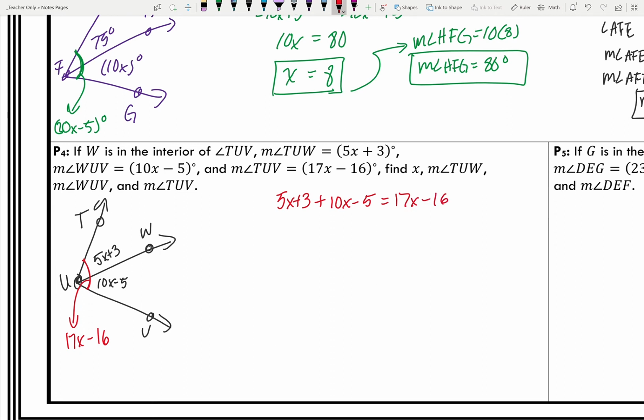Okay, so this gives me 15x minus 2 is equal to 17x minus 16. Let's subtract 17x from both sides. I get negative 2x minus 2 equals negative 16. Add 2 to both sides. Negative 2x is equal to negative 14. Divide both sides by negative 2, and we get a positive 7 for x.